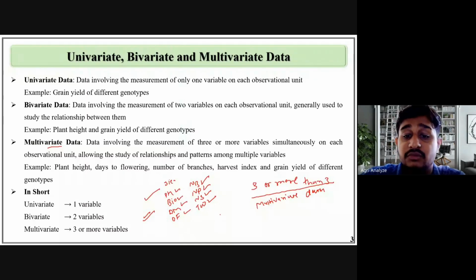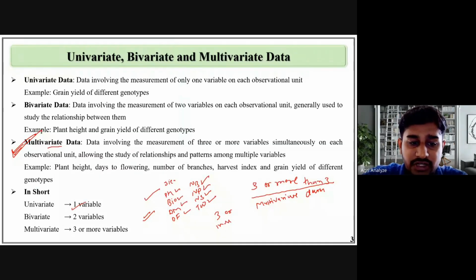If we study three or more variables, then it is multivariate data. In our agriculture, most examples are shown in multivariate data, so this is the most appropriate and most useful data for agriculture. In short, univariate has one variable, bivariate has two variables, and multivariate has three or more variables.